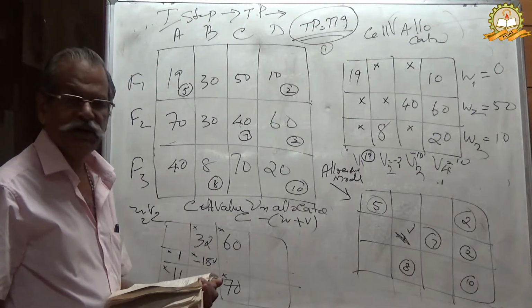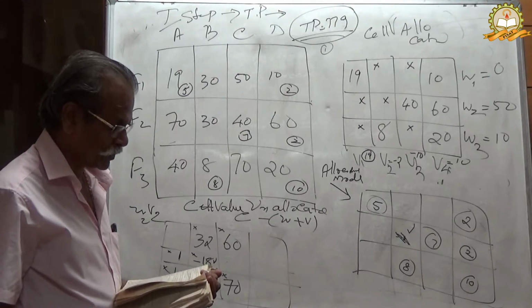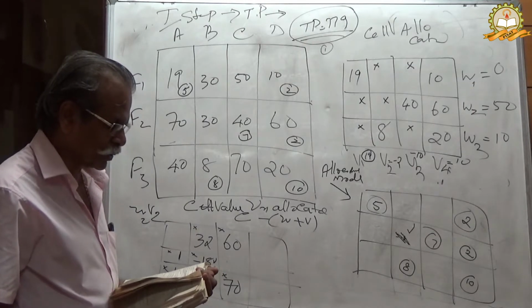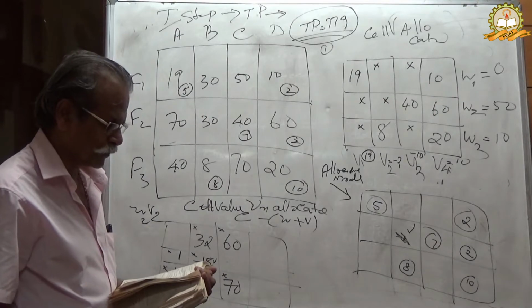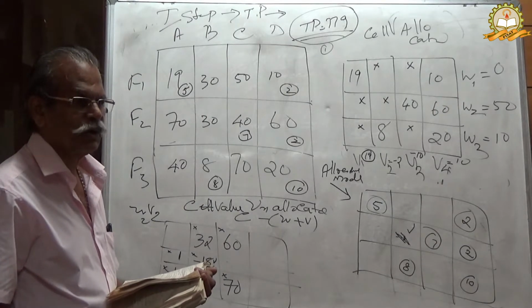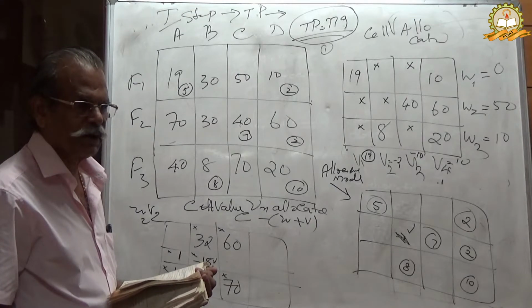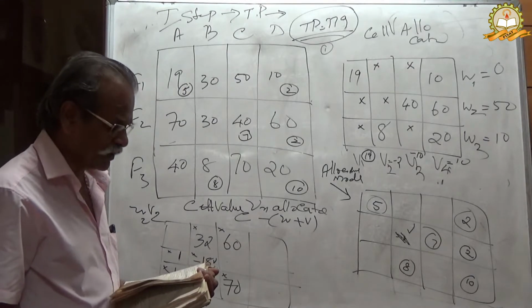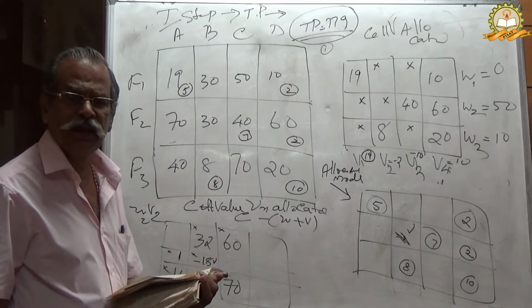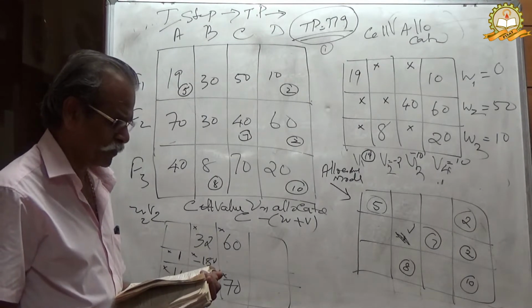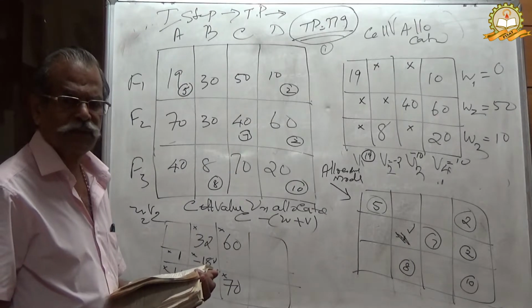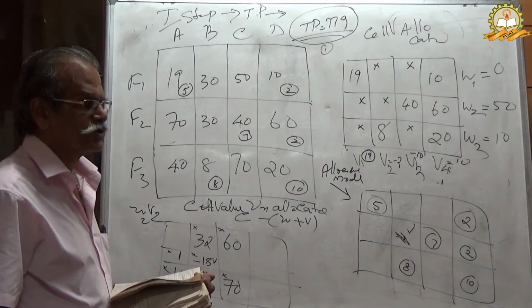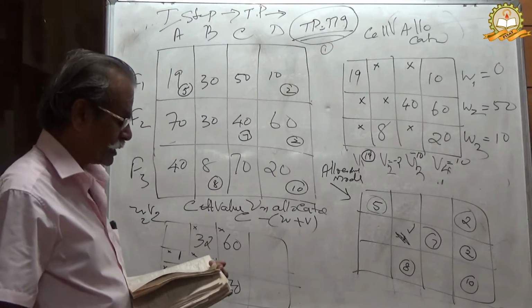Then next step, at each corner of the closed path obtained, mark plus, negative, plus, negative signs alternatively, beginning with the plus sign from the specified negative cell value.